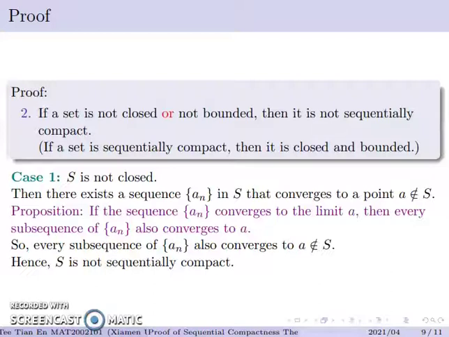The definition of sequential compactness is that every sequence has a subsequence that converges to a point inside the set. But here, we can clearly see that they converge to a point A, but A is not inside S. So we are done with Case 1.